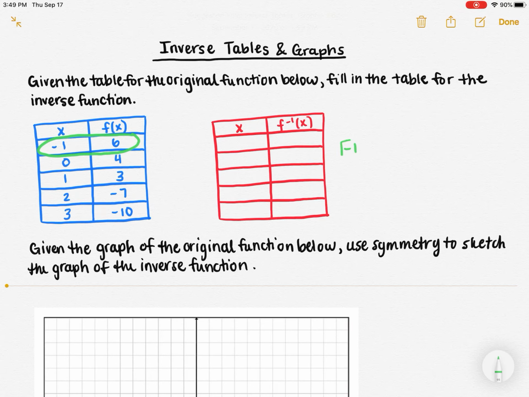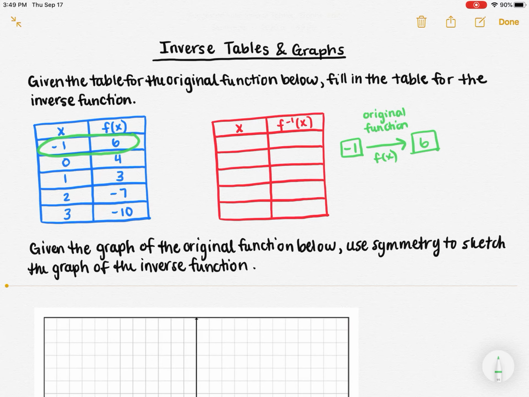So -1 is our input, and we're putting it into the original function, which is called f of x. So that arrow represents us putting it into the original function f of x. And then as you can see from my table, the number we get out is 6.